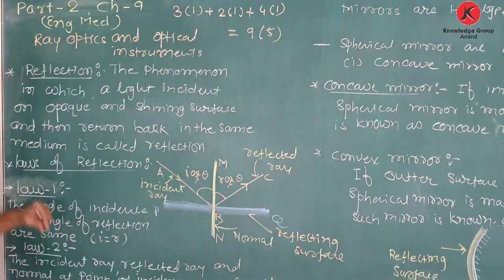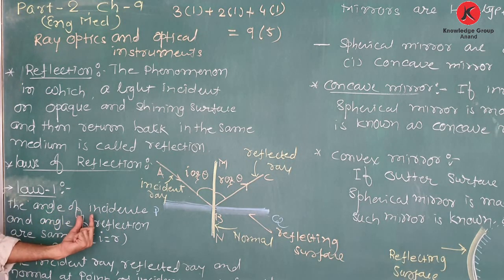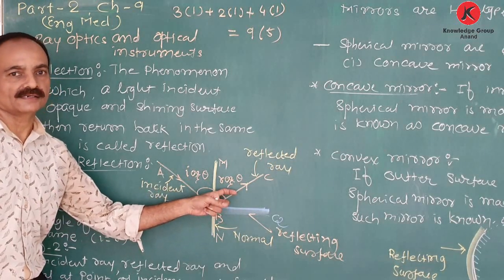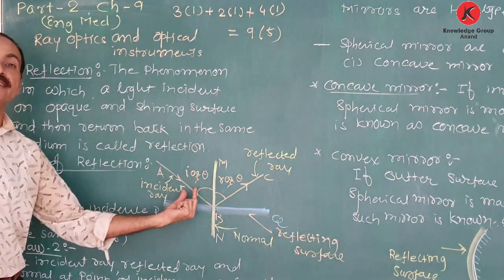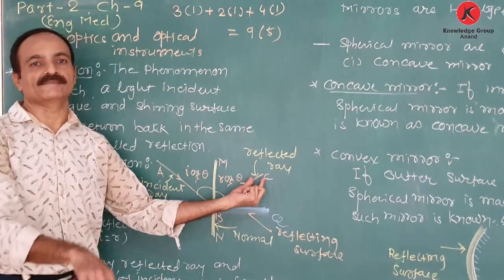On the basis of this, what are the laws of reflection? The first law is that the angle of incidence and the angle of reflection are the same, that means i is equal to r. At whatever angle the light is incident, at the same angle it is reflected in the same medium.